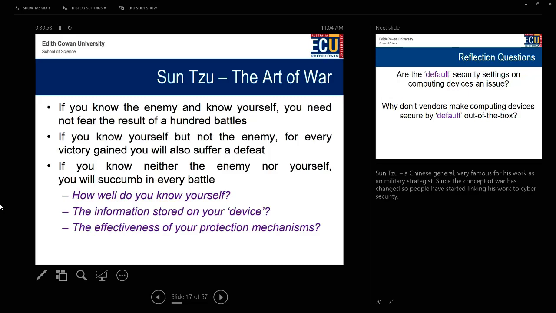If you have a personal IPS, intrusion prevention system, or intrusion detection system on your laptop, or in your organization if you are an information security person, how effective is that protection mechanism? You need to keep evaluating yourself around these three questions to be effective in the security controls that you have implemented.